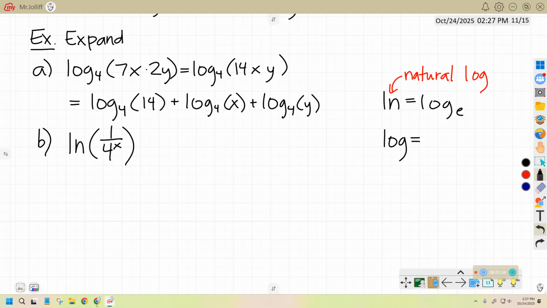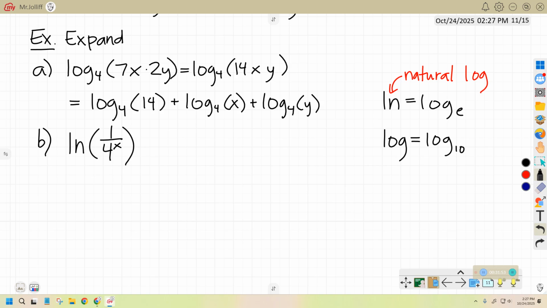When you see log, with no base specified, we are assuming that it is log base what? 10. Very good. We work in a base 10 decimal system. We don't write the base, we assume it's log base 10.